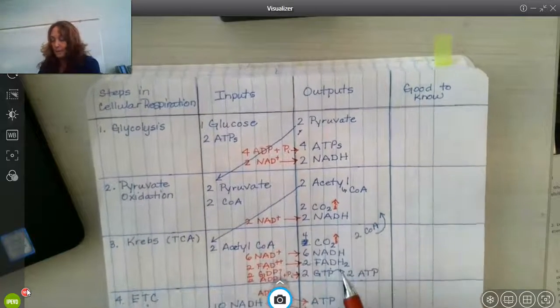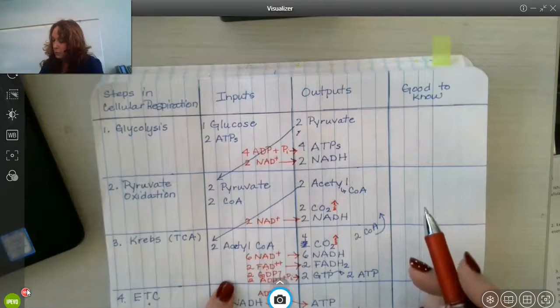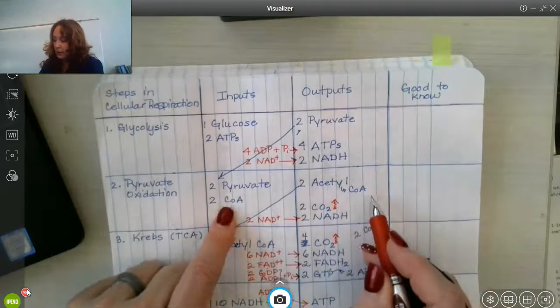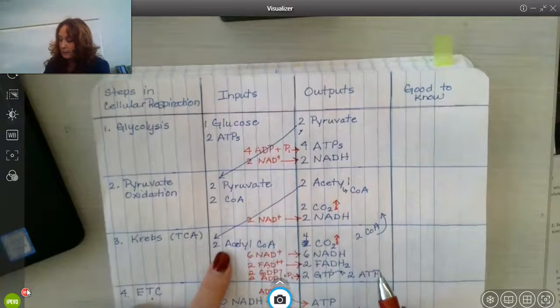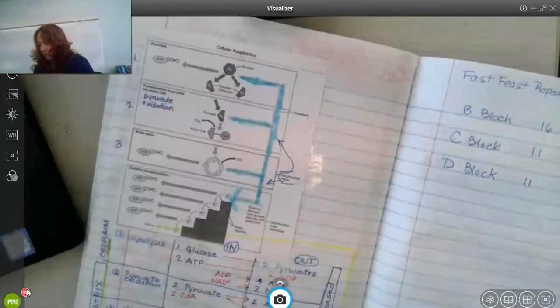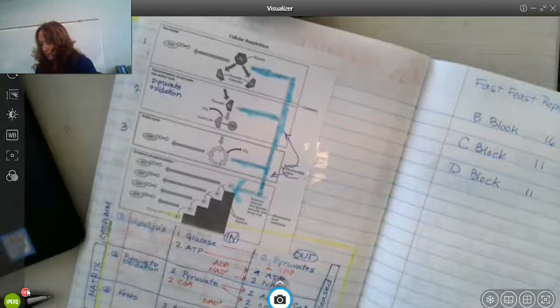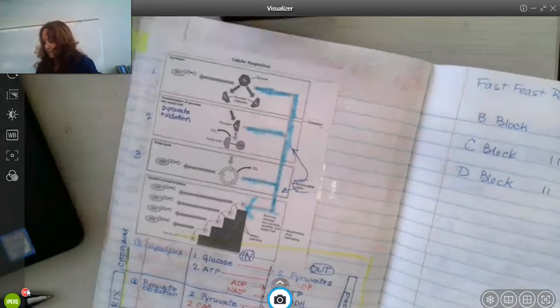And is there anything else we need to? We accounted for our CoAs here. Here we would have to have, right, the 2 CoAs come out. We accounted for that. I think we got it all. Let me look over here and make sure that I don't see anything any different. So, yep, that's it.